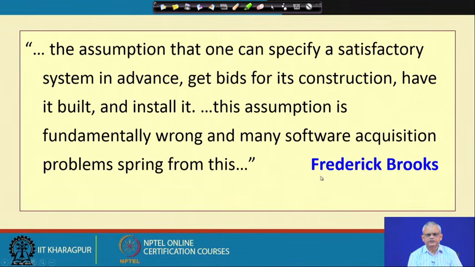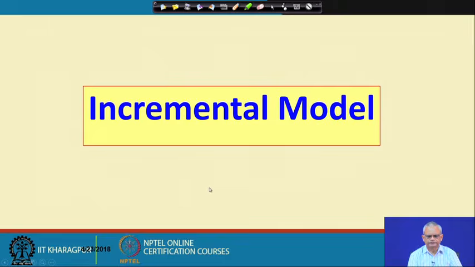Brooks has experience in many projects, and he observed that it is very difficult for any customer to give all the requirements in advance and then get somebody to construct it, and he says that this is fundamentally wrong, and most project failures can be attributed to this.